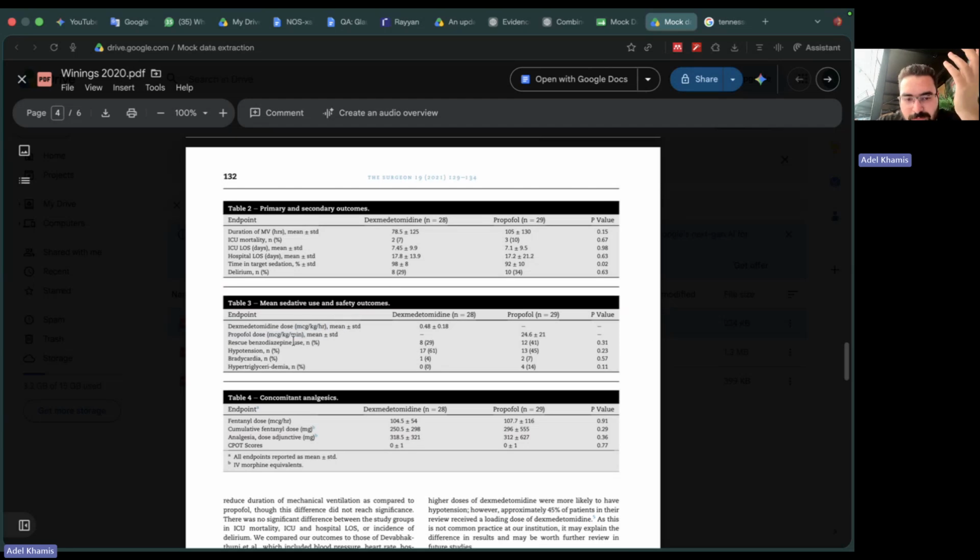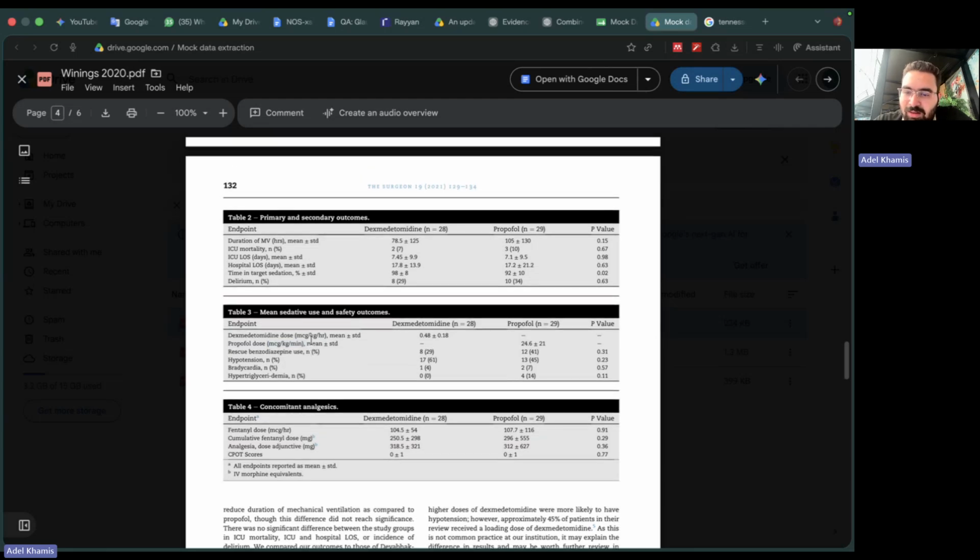So you should convert them. There are for sure tools for this on Google. You just search converting mean and standard deviation of this value to this value, and you will find some tools.